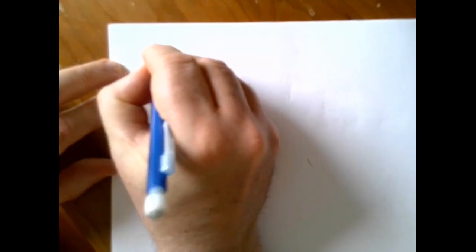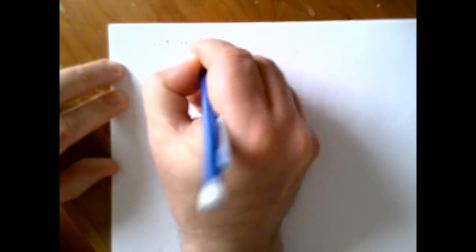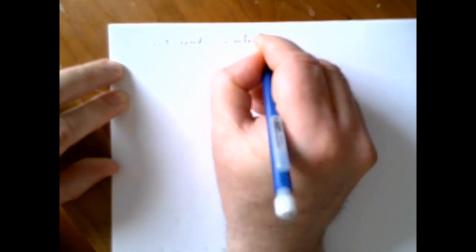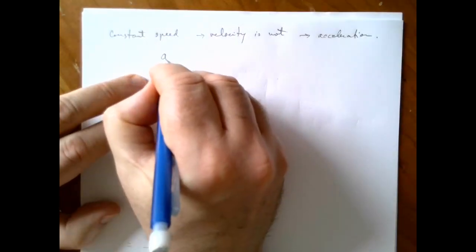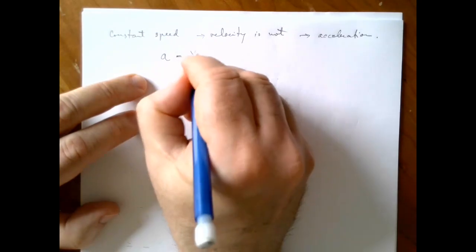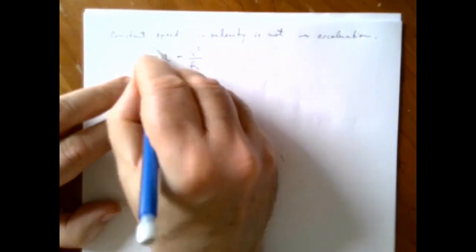We saw a few minutes ago that although the speed is constant, the velocity is not. And because of that, we have an acceleration. We are not going to prove it in this course. The proof is using geometry exclusively. But this acceleration has the expression v squared divided by r.